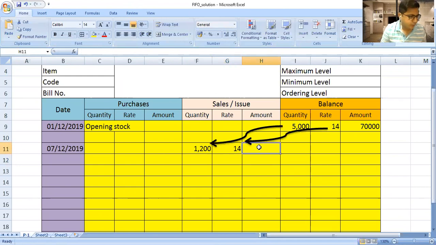Now use your calculator and find out 1,200 into 14.